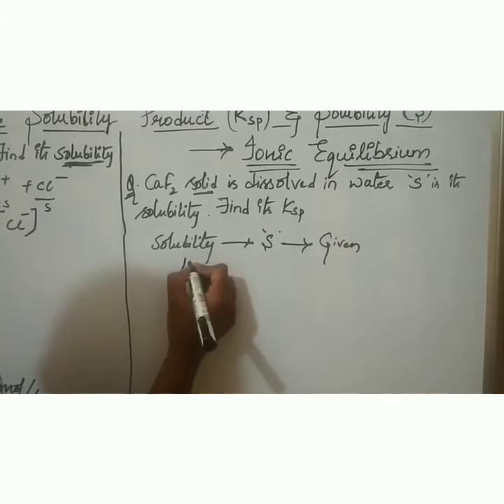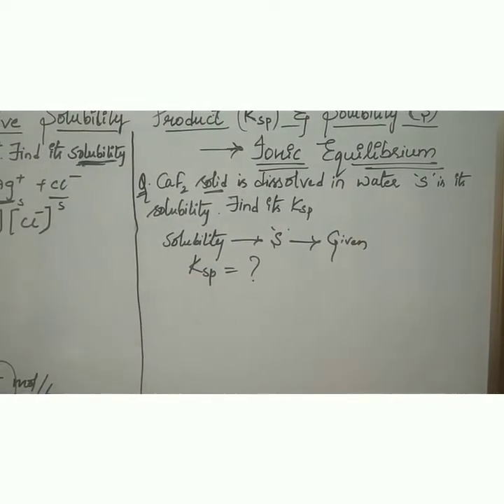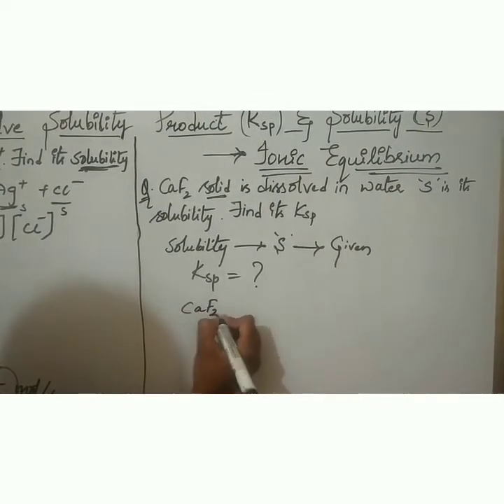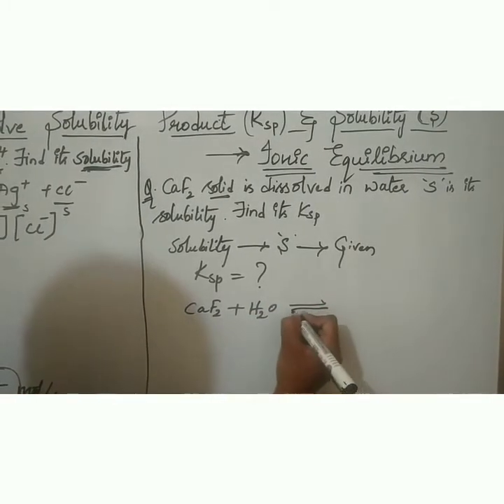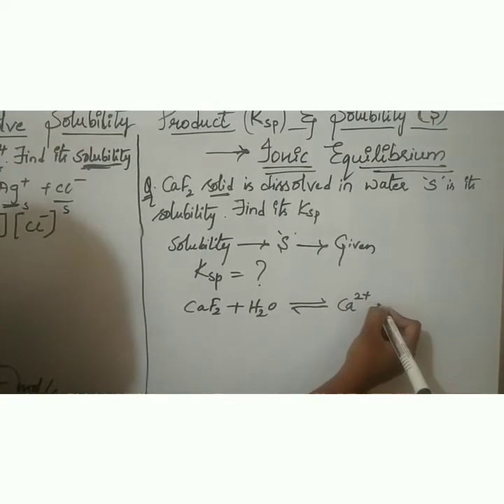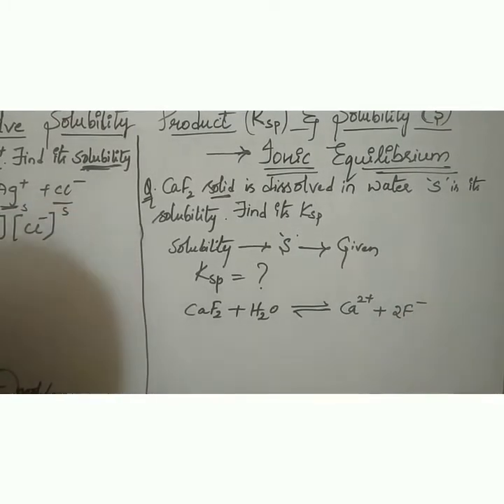You should find the solubility product. Taking CaF2 dissolved in water to form Ca2 plus and 2F minus, right?